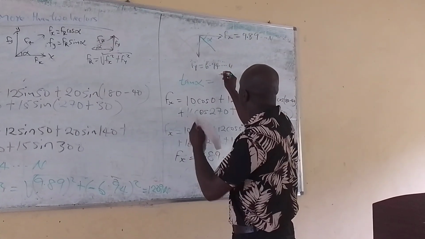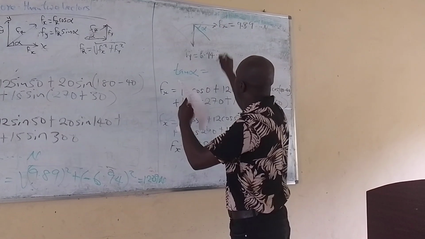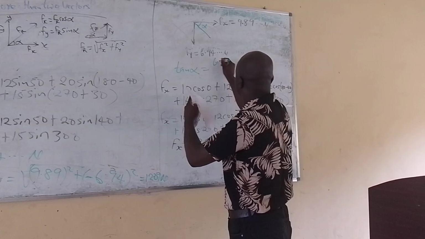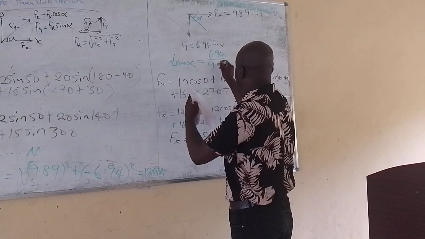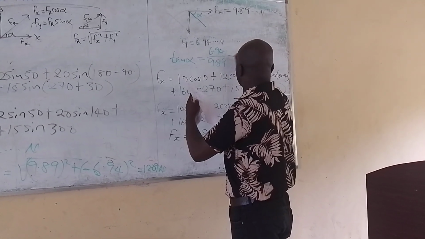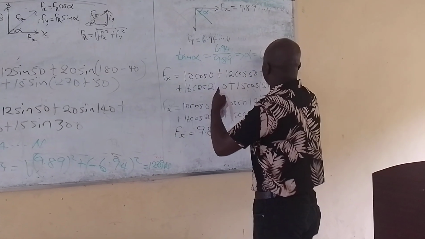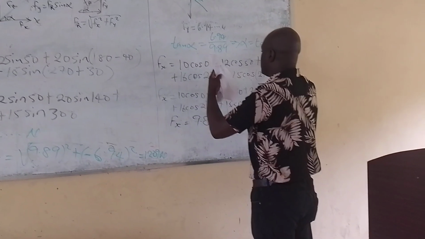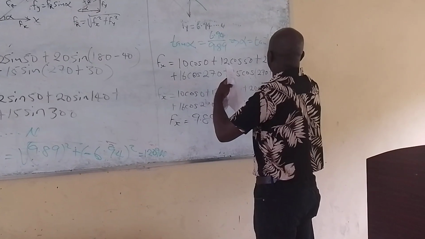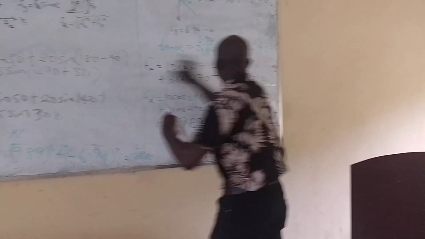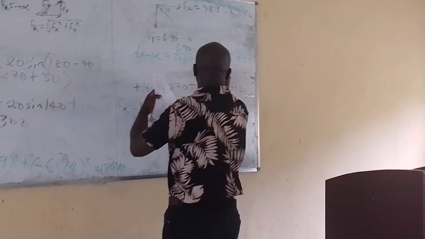So tan alpha is opposite, which is our f of y, 6.94, all over adjacent, which is 9.89. Then alpha itself will be tan inverse of 6.94 over 9.89, which gives us 35.1.